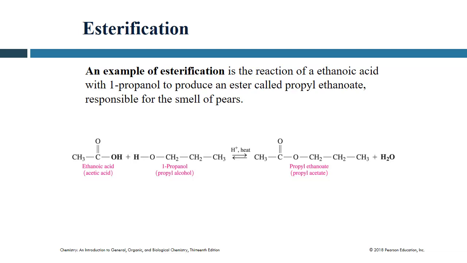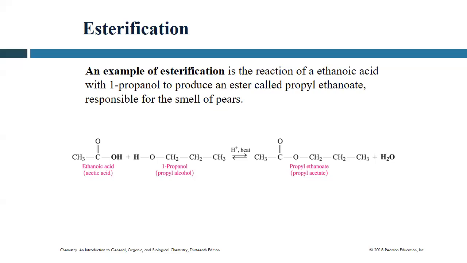You can probably figure out how it came about. You've got a propyl group on the one side of the ester. You've got the ethanoic acid on the other side. That's kind of how it goes about in terms of naming. But again, not going to hold you responsible for that.